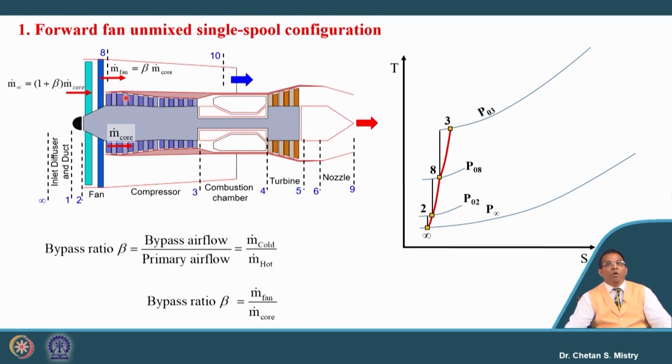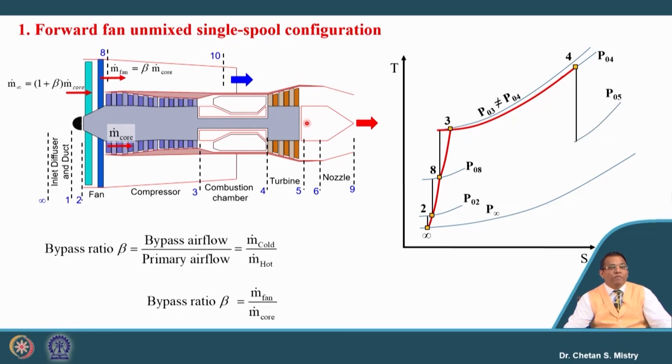Okay. Now, the next component we have is our combustion chamber. We know that combustion is taking place at constant pressure, but in the actual case we will be having some drop of pressure. So, the actual process is represented as process 3 to 4.